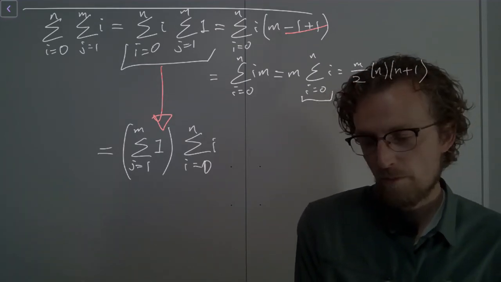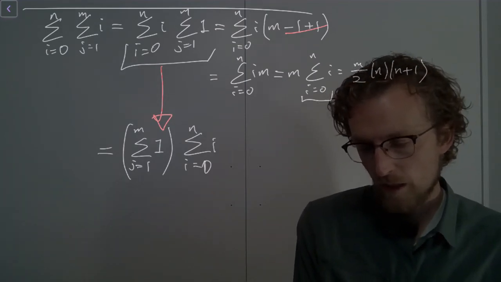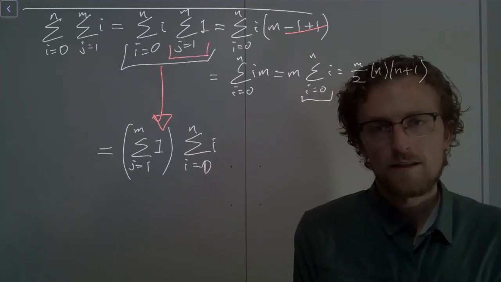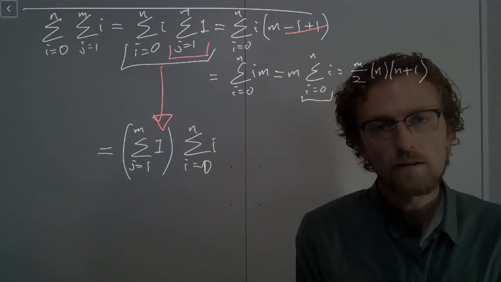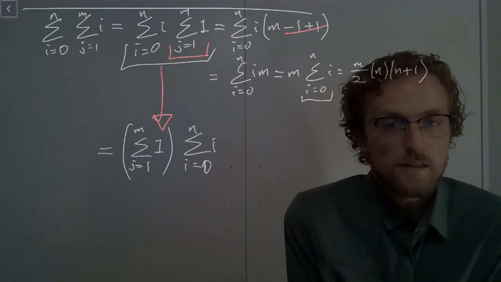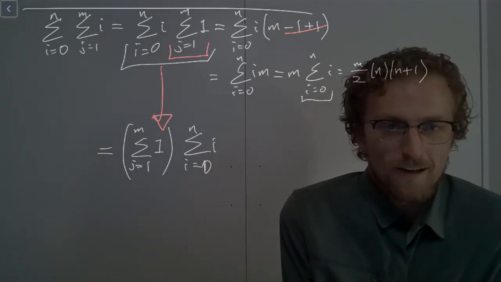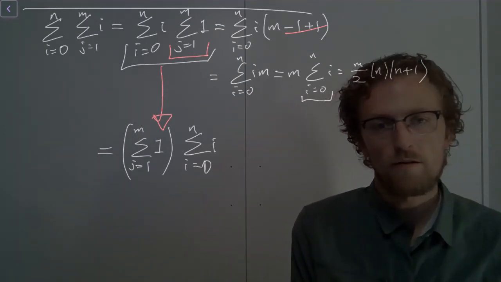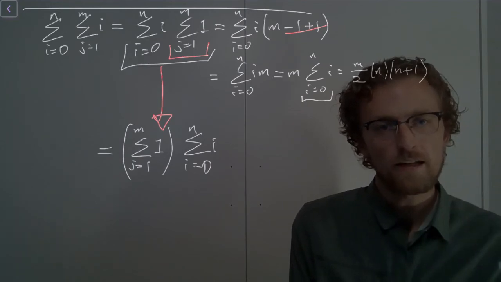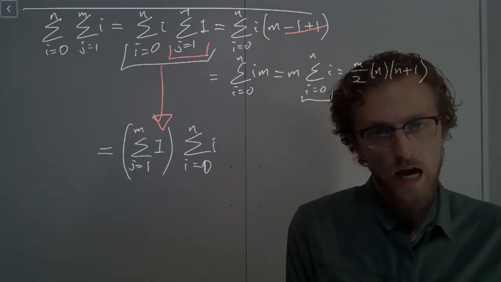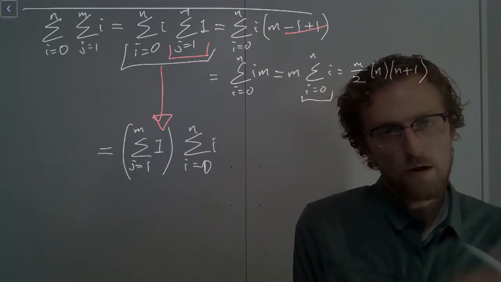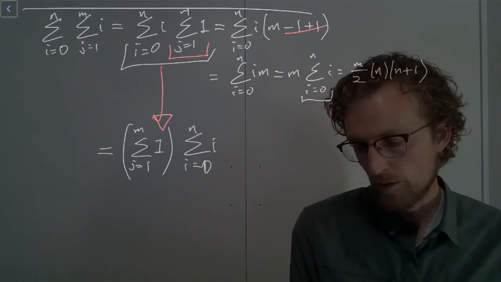By noticing that this piece here does not depend on i, I know that this piece here is a number. It's just something that I can factor out, something that's being copied identically every single time the i counter ticks.